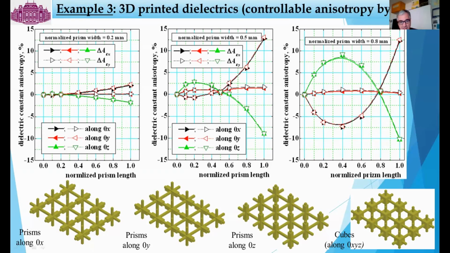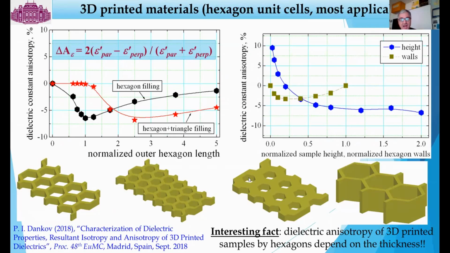We find out in the case of the prismatic unit cell that depending on the orientation of the prism, we can see very big anisotropy, and only in the case of the cubic unit cell is anisotropy small. Another example is the hexagonal unit cell.